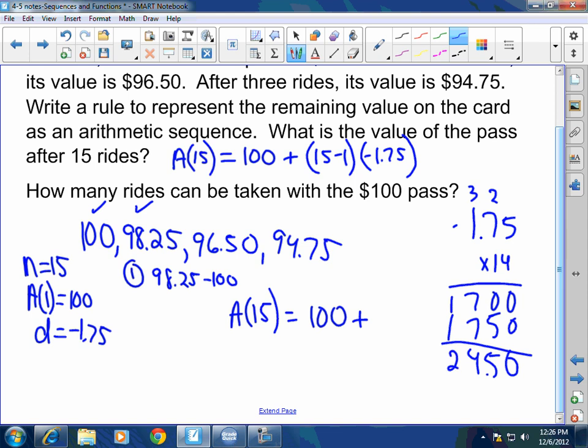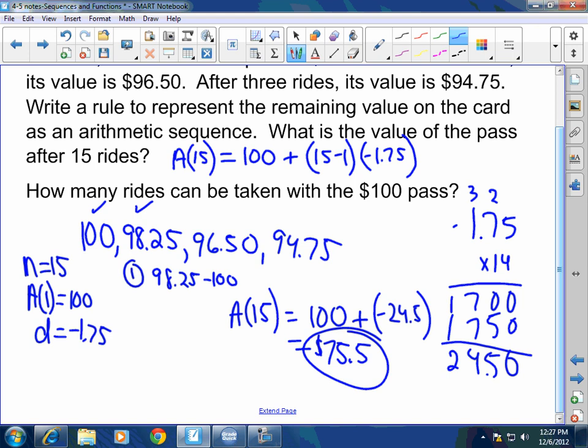And that's going to be negative, so plus a negative 24.50. So my 15th term would be 100 minus 24.50, which would be 75.5. 75.5. Does that make sense, guys?